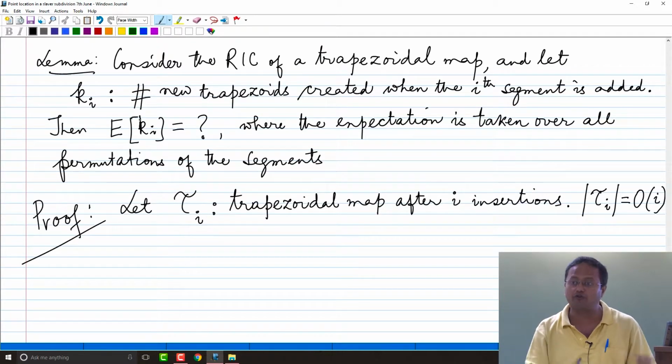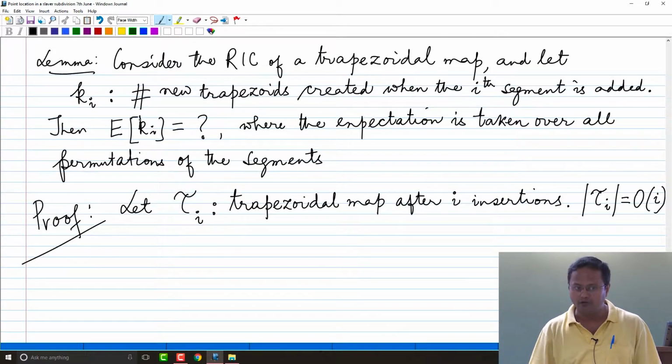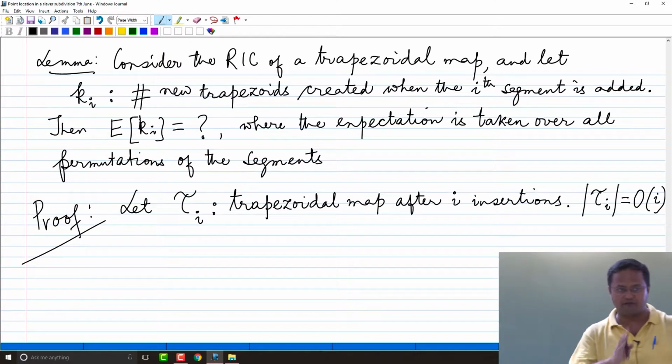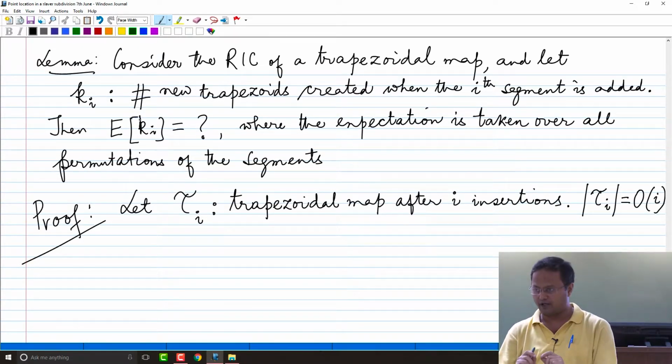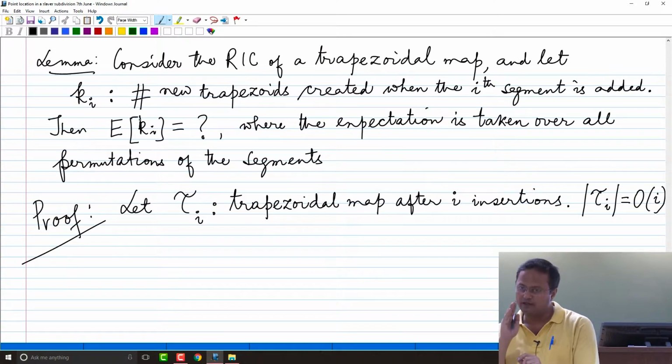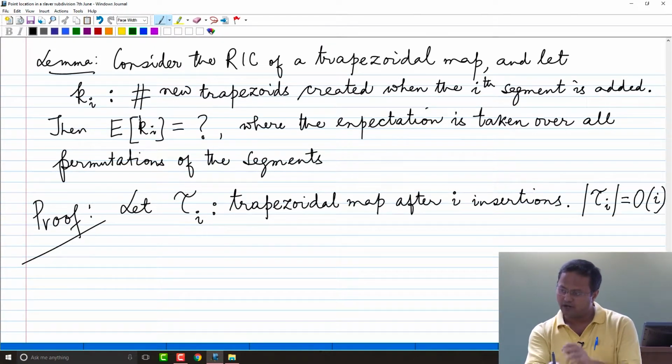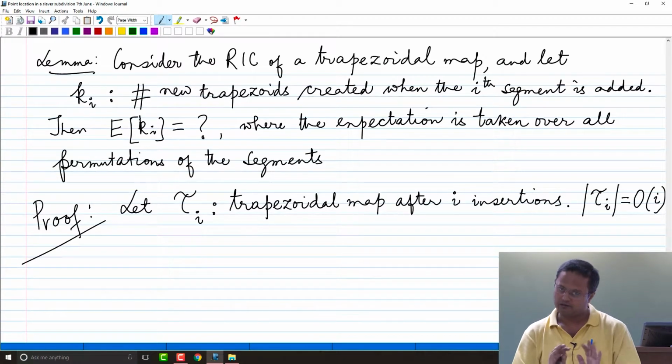But now we know of a tool: we could have fixed a set and conditioned over it, but now we have this tool of backward analysis, where I look at the last segment and see what it is doing, fine.